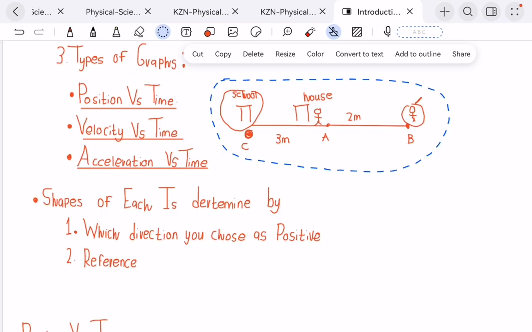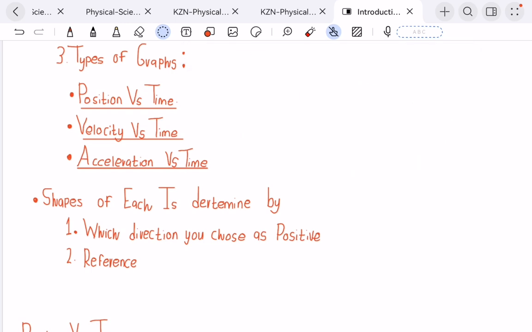Because if you say I'm 30 kilometers away from something, that thing is a reference, because you can't say I'm 10 kilometers away from nothing really. So that is what we talk about when we talk about reference, right? But I'm going to go deeper with that later on in this video.